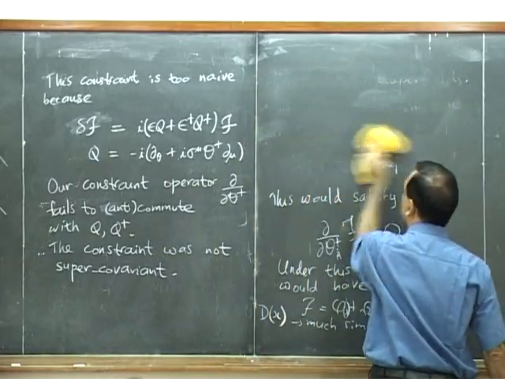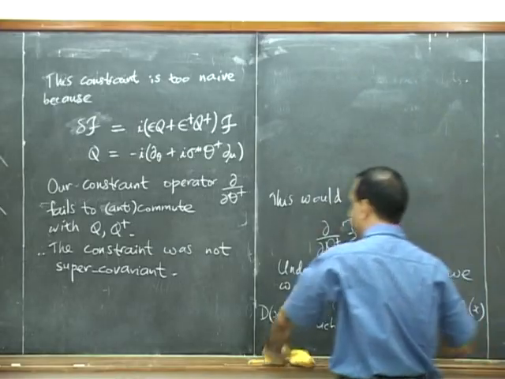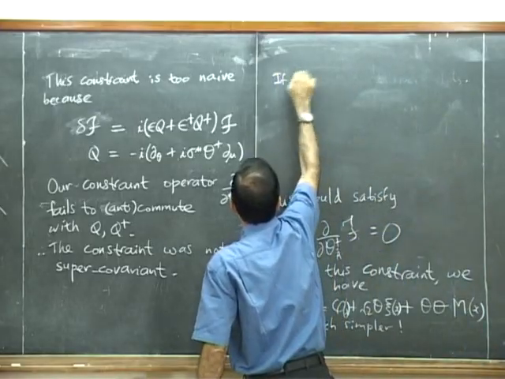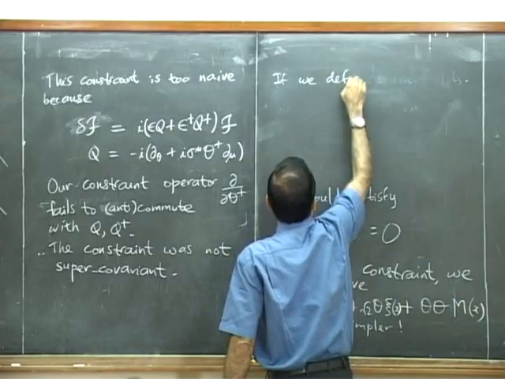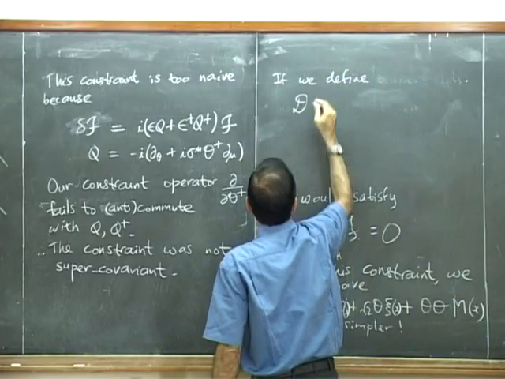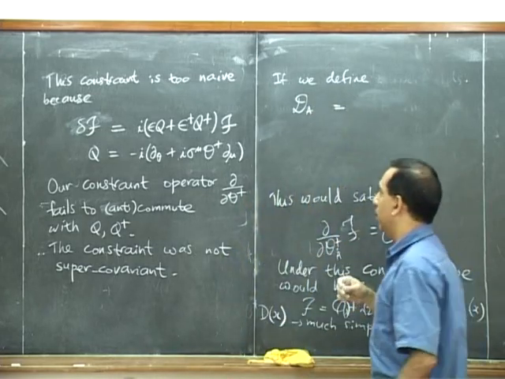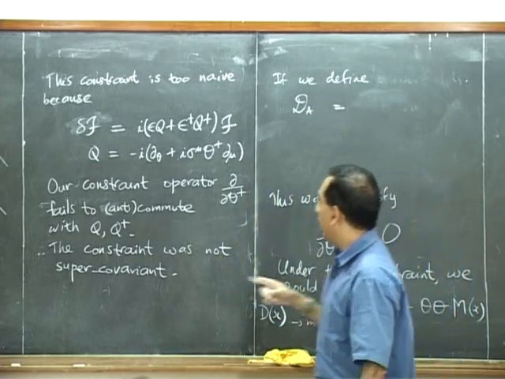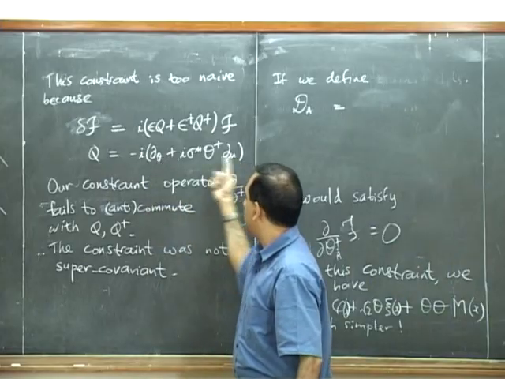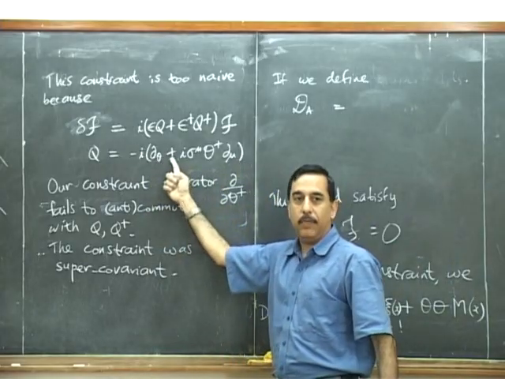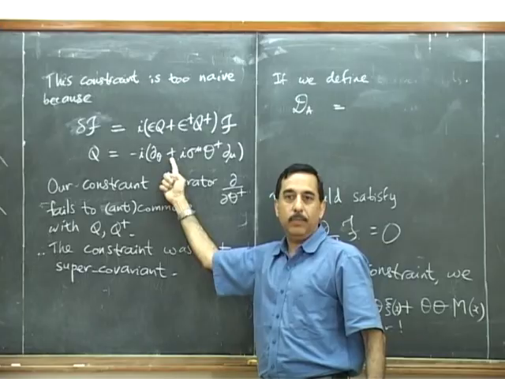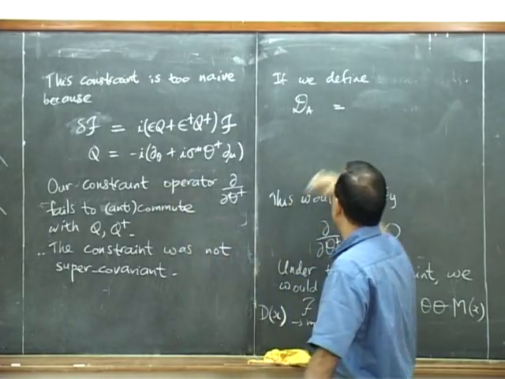And to do that, we notice a very cute fact, which is that if we define an operator D, again a spinorial differential operator, and what I'll do is I'll take Q, which has these two terms, and I'll just define D to be the same thing with a minus sign in the middle instead of a plus sign.